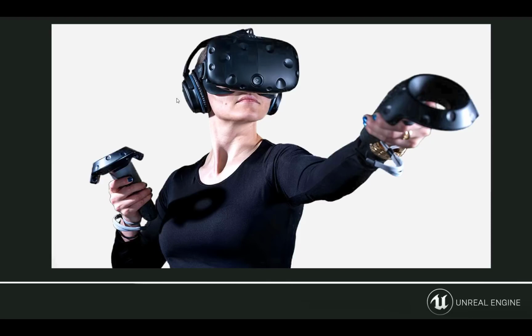And what you can see on this image is the lady using these controllers, which are really beginning to act like our hands. Some of these controllers give us the option to pick up and use our hands, our fingers, and it really shows how we can begin to use our body.